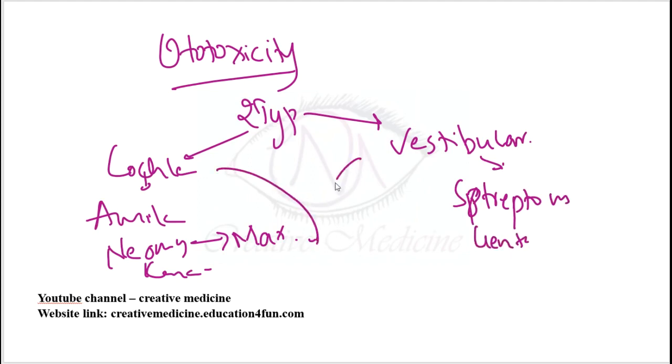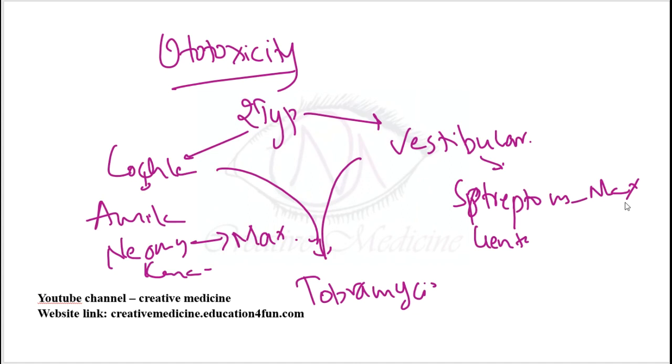Cochlear ototoxicity and vestibular ototoxicity, both are caused equally by tobramycin. So the aminoglycoside which causes maximum cochlear ototoxicity is neomycin, maximum vestibular ototoxicity is streptomycin, and both cochlear and vestibular ototoxicity is tobramycin.